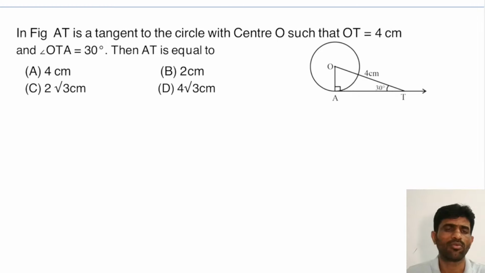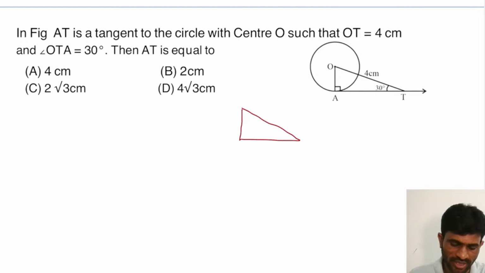In this question, what is the correct answer? Which ratio do we have to use? It is not Pythagoras theorem because you know one angle and one side. We can't use Pythagoras theorem here. We have to use trigonometry, because it is again a right angle triangle and we don't know two sides.